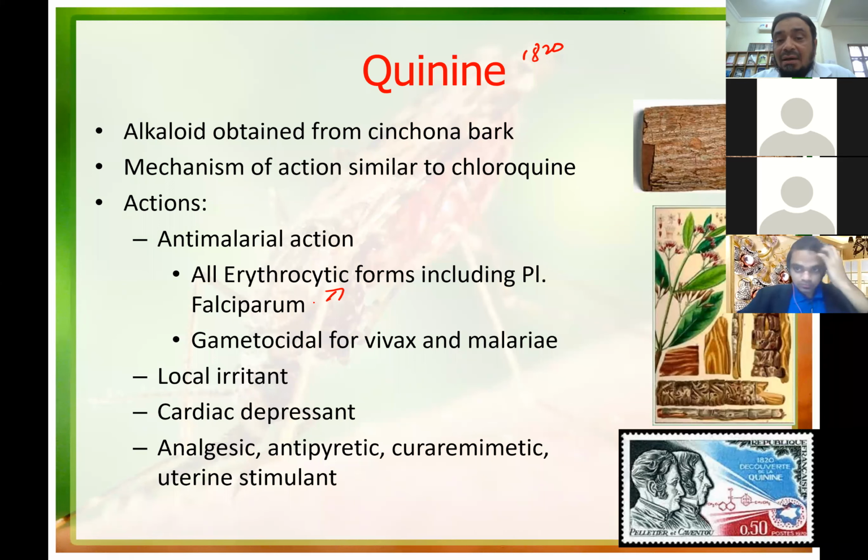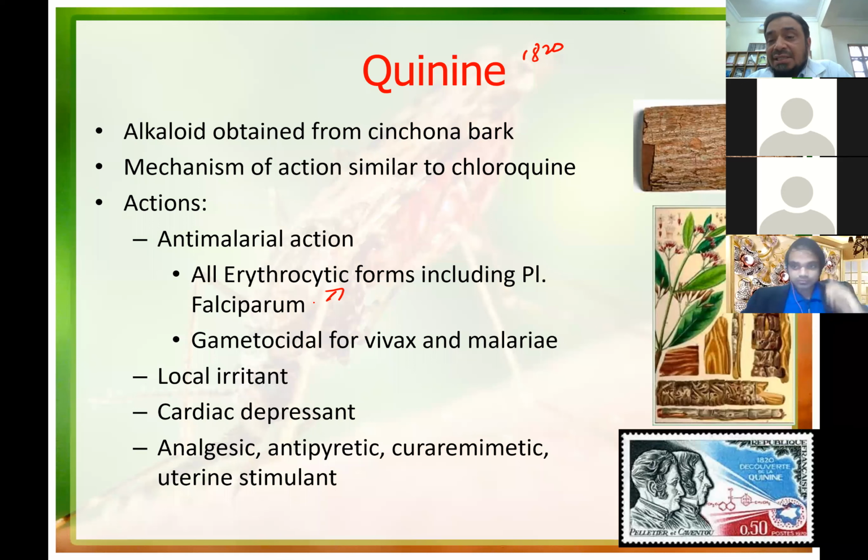The drug quinidine, it is the L isomer of quinine, and it is more cardiac depressant than quinine. That is why quinidine is also used as an antiarrhythmic drug. Quinine is having analgesic action, antipyretic action, and skeletal muscle relaxant action.